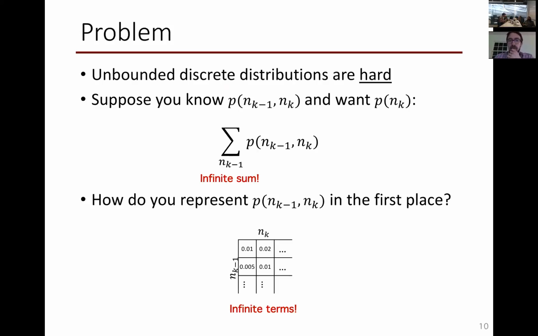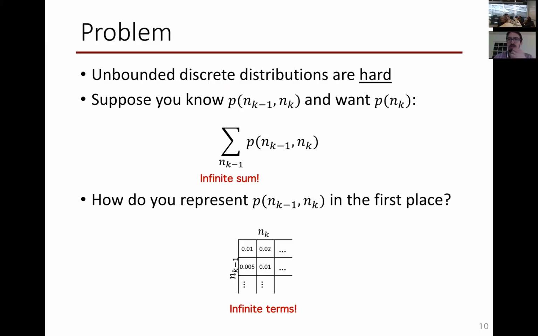Furthermore, I said you just know the joint distribution, but what does that really mean? In a lot of hidden Markov models, we'll often have distributions represented explicitly, where it's an arbitrary discrete distribution and I just explicitly enumerate all the terms of the PMF. But in our case, this joint distribution would be a two-dimensional matrix with infinitely many rows and infinitely many columns, and you'd have to somehow explicitly enumerate all of those possible values.